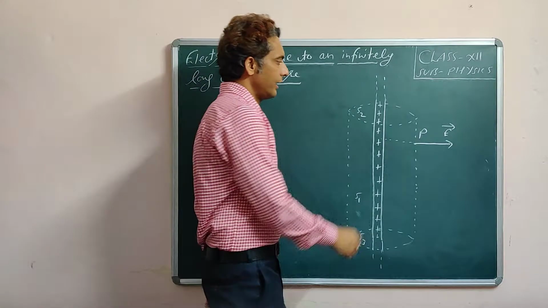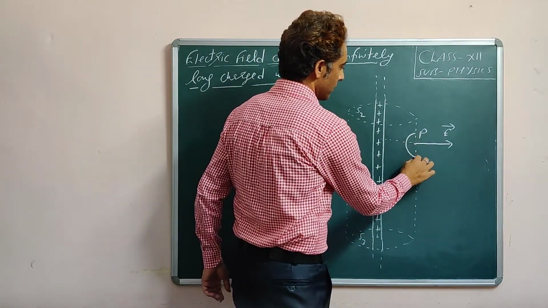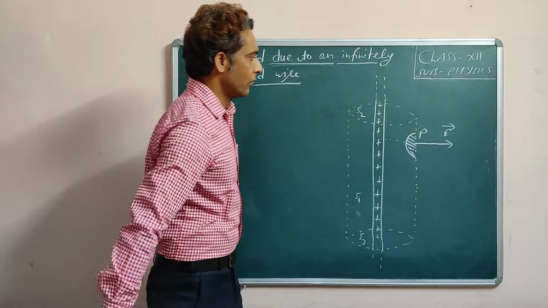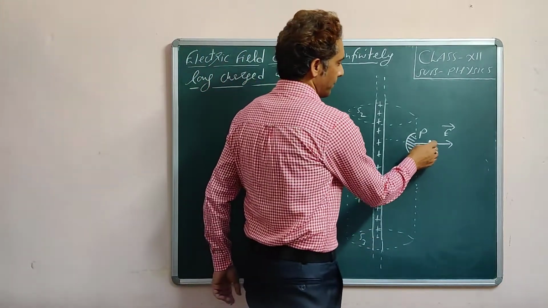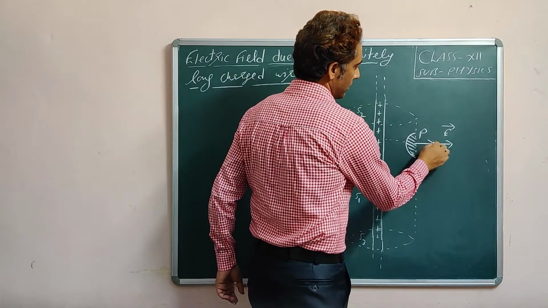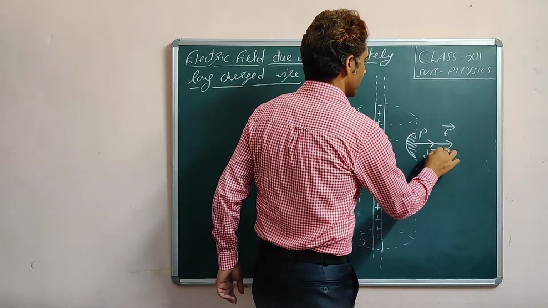Now if I consider area vector, here the area vector will also act outward. So it is represented by vector ds1.